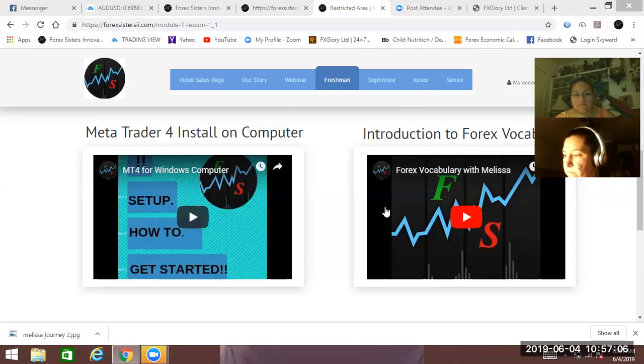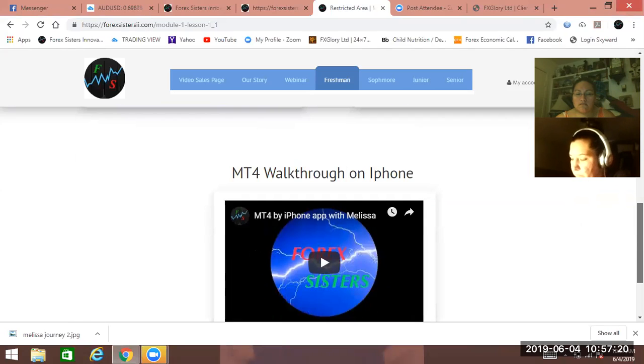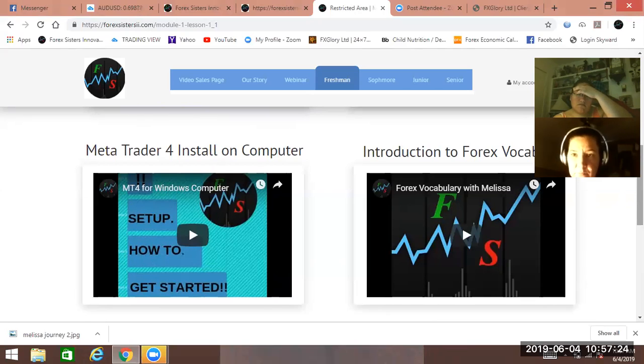Just to open up a trade is a little more difficult on the laptop. You have to find the pair one by one, and on the phone, you can just find it right away.